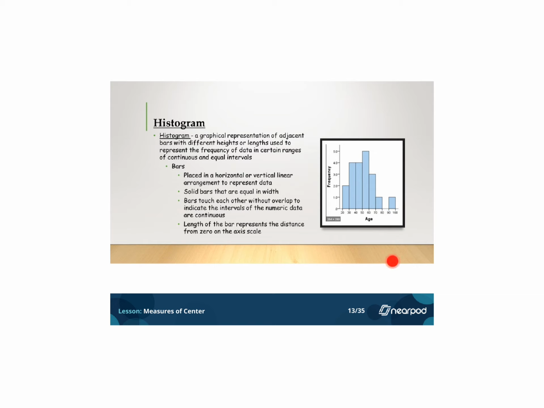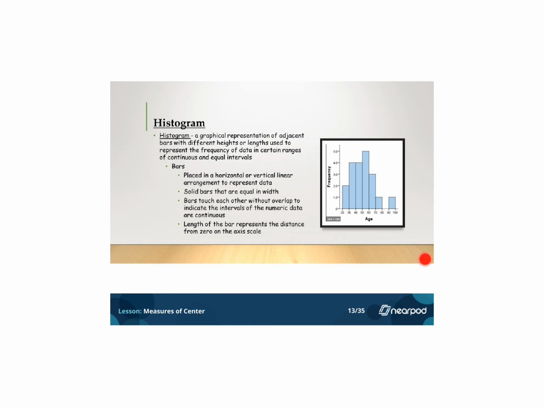What I mean by that, if you look at the table, what's the range for this first bar? Between 20 and 30. So this bar represents any numbers that start at 20 and go all the way to numbers that are very, very close to 30. Not 30 exactly, but very, very close to 30. The second bar represents a range of numbers that start at 30 and go all the way to numbers that are very, very close to 40. Remember, just because the line's at 40 does not mean it includes 40.